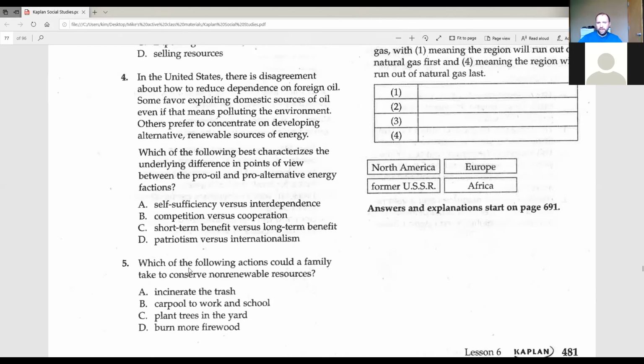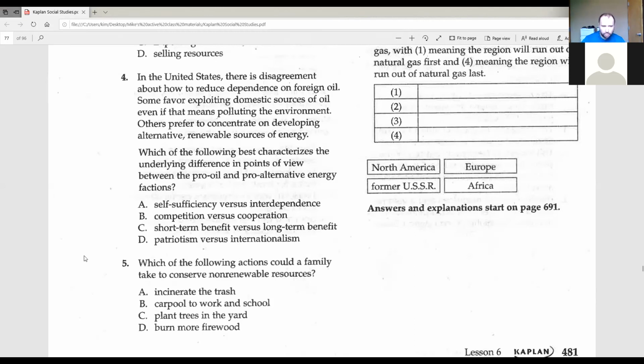Okay? So one isn't saying it's good to be dependent on foreign oil, and the other is saying no, it isn't. They're both saying no, it's not good, but we have different reasons or different answers to the question. Right? The question is, how do we reduce our dependence on foreign oil? That's the question. The two sides have two different answers to the same question.